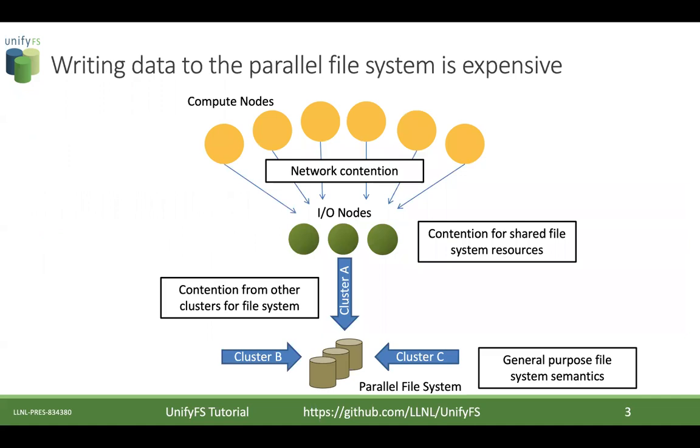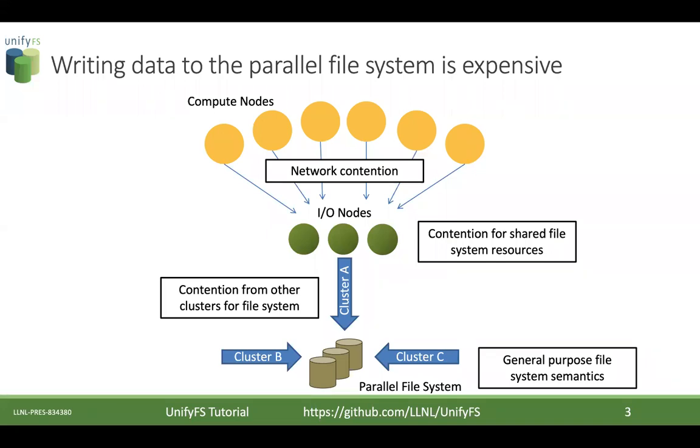So let's get a little bit into the history of HPC storage architectures and why burst buffers have come into existence before talking about which types of burst buffers we're targeting with UnifyFS. So on this slide, we're showing a typical HPC storage architecture where you have some set of compute nodes in an HPC system connected via the HPC network to a set of essentially router nodes that take traffic from the compute network and go to a dedicated storage network, which houses the parallel file system.